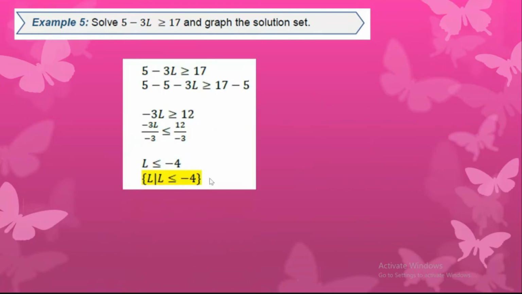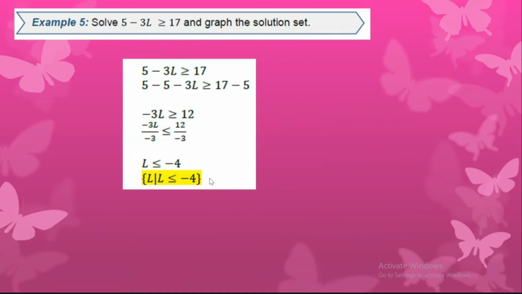So we have 5 minus 3L is greater than or equal to 17. We have to get rid first of 5, or the term without the variable. To do that, we have to subtract 5 from both sides of the inequality. So we have negative 3L is greater than or equal to 17 minus 5, which is 12.